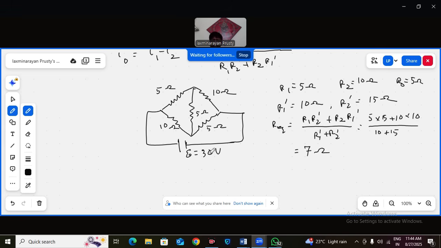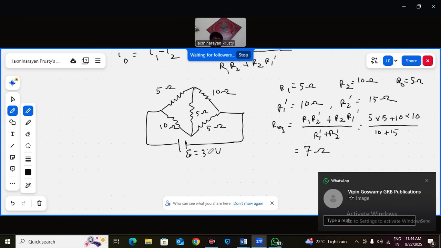To keep the calculation simple, we keep it 35 volts.